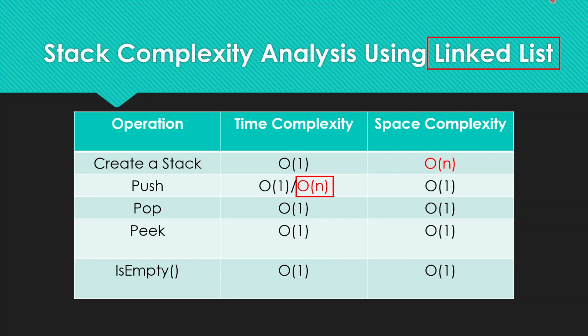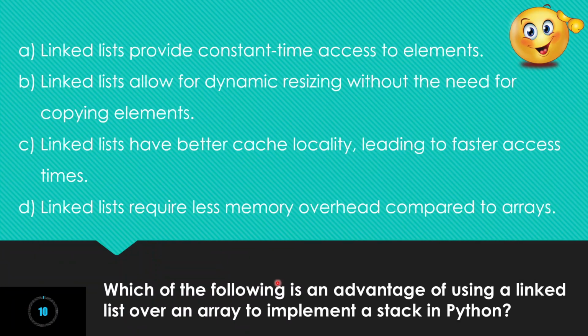I think I actually forgot to remove this. This is not supposed to be there. So for linked lists, all the operations, including the push operation, by the way, are just O of 1 operations for a stack. So you can see a stack is a data structure that is quite efficient.